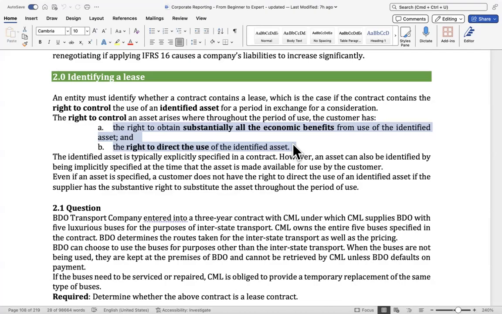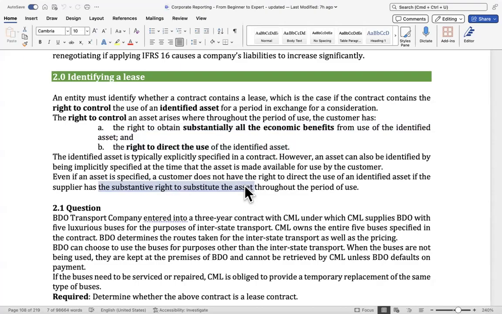Secondly, for these two to be possible, the lessor cannot substitute the asset. He doesn't have a substantive right to substitute the asset throughout the use. So he cannot just come and say, let me have the asset you leased from me two years ago, let me give you another one. No, he cannot substitute. It has to be that singular asset that they will use all through.